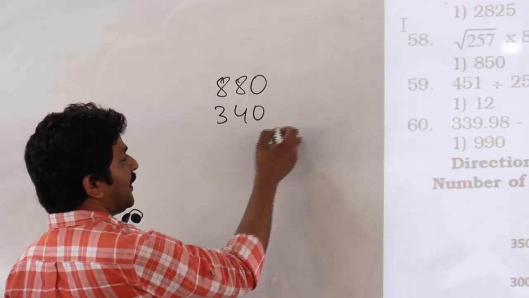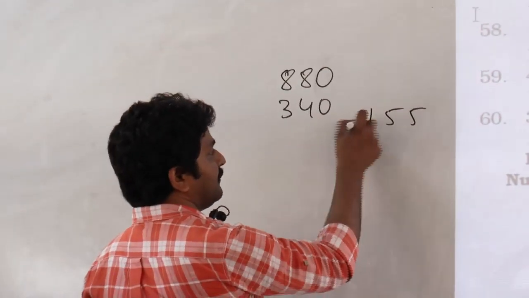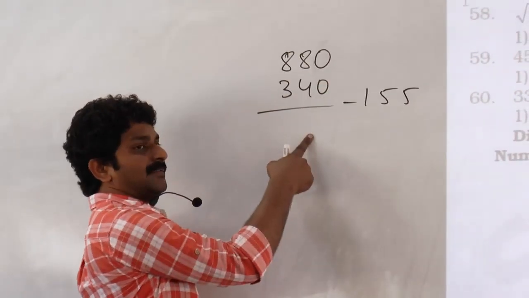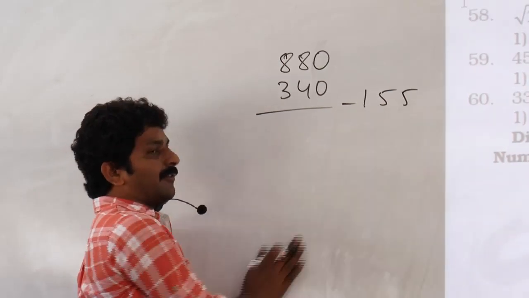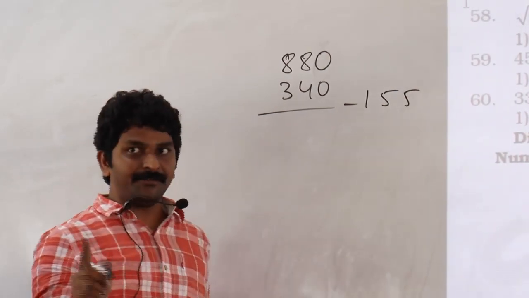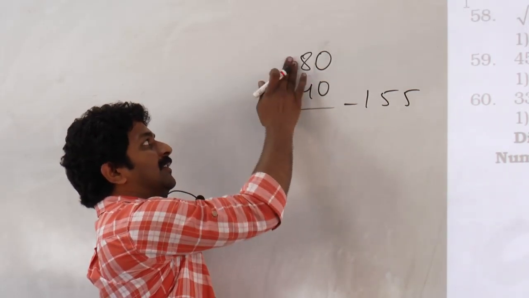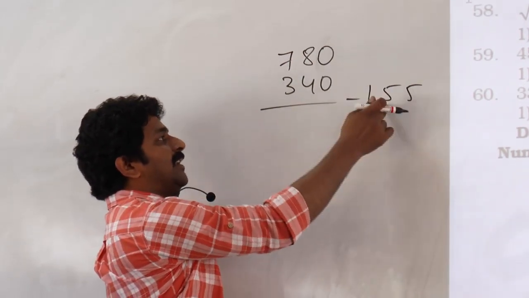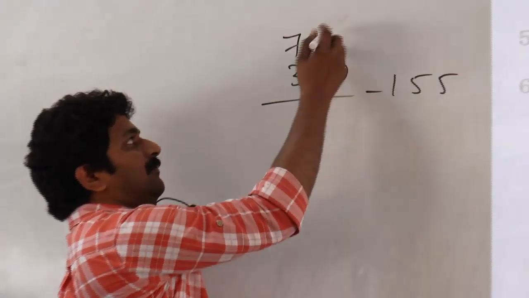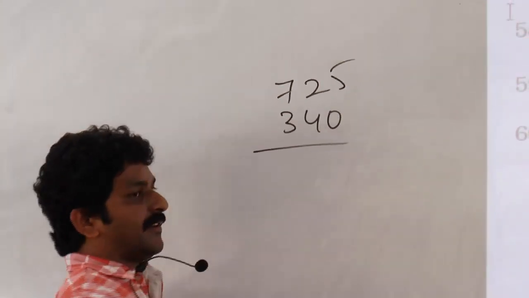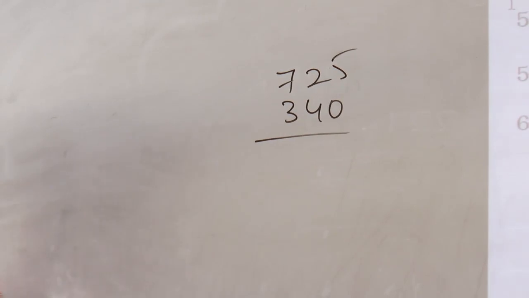From this you need to subtract 155. Let me subtract 155 from this. 800 minus 100, 700. 80 minus 55, 25. Answer 1065. 1065.